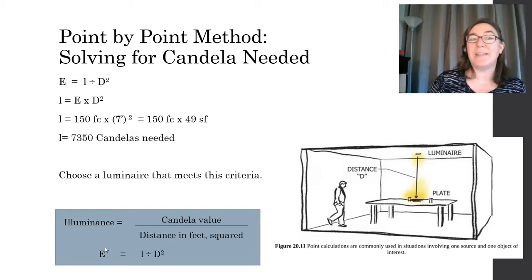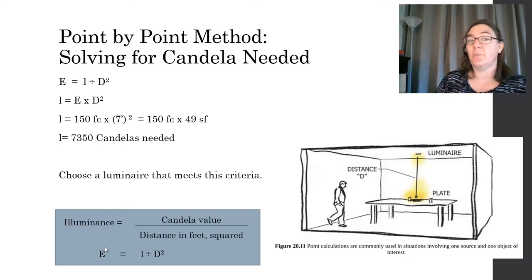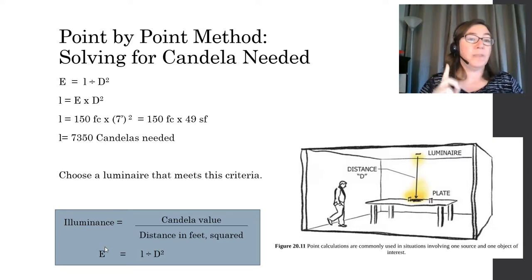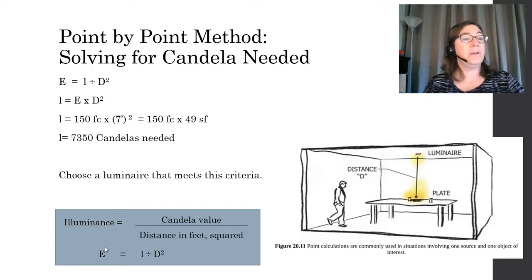Okay, well, let's try it together. In this case, we're going to start with our formula of illuminance equals candela divided by distance squared. But we're actually going to solve for the candela, the I value. So the candle power is equal to illuminance multiplied by distance squared.